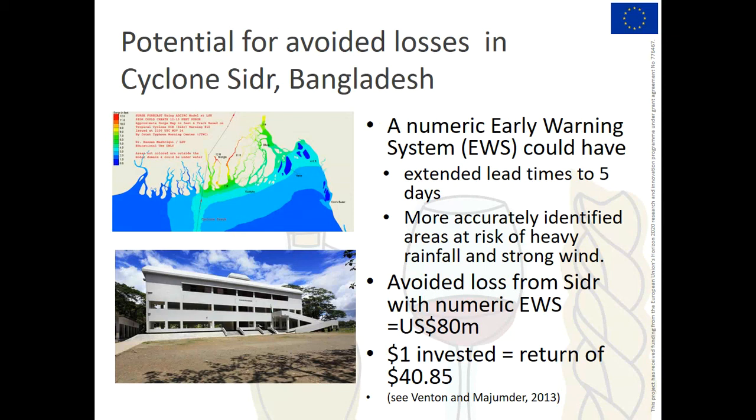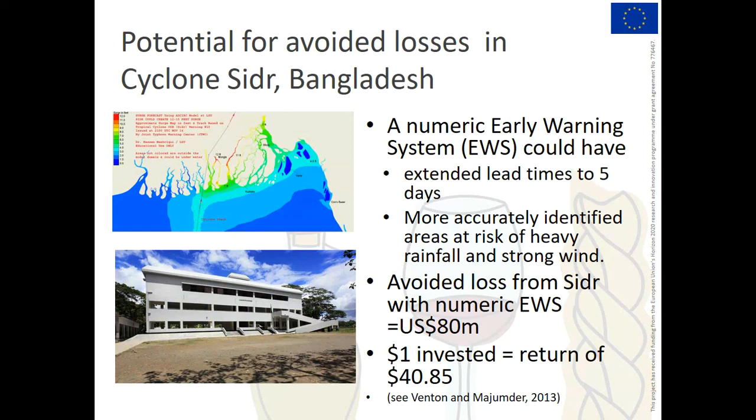And Bangladesh already had an early warning system in place at the time of Sidr to alert people to impending storms and cyclones. And that likely saved lots of lives and helped reduce asset losses. So because of that early warning system, around 1.5 million at-risk people fled to cyclone shelters, like the one at the bottom of the screen there.